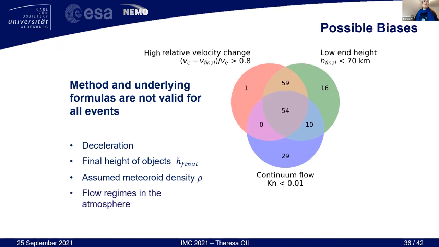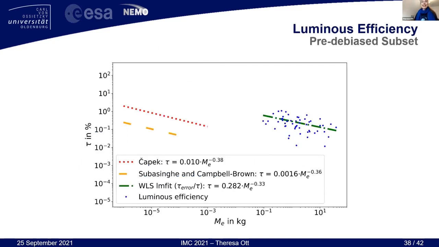From all these biases, we determined three of them to be the most useful ones, and had a look at which of our data points fall into these three categories. So we have these really high velocity change events with a low end height and a continuum flow, which shows that they are in the right atmospheric conditions. And we find that these criteria hold for 54 of our events that we analyzed.